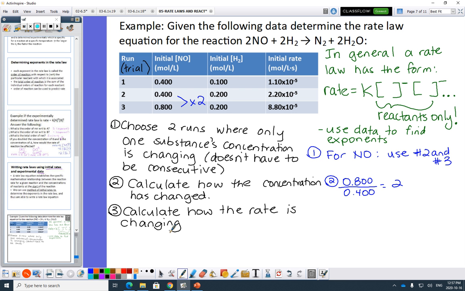For these two, if it's not obvious, maybe even write it down that once you've chosen the two runs or the two trials, those are the ones you're looking at for the rest. Okay, so if you want to add that in.